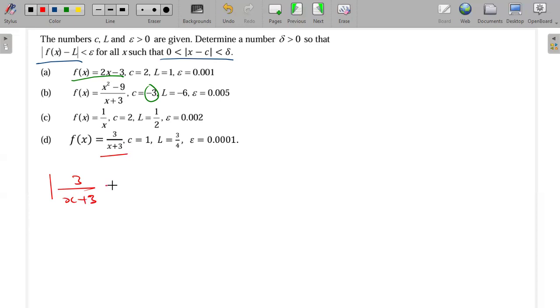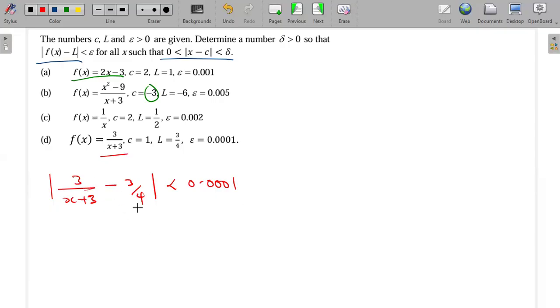And then you have minus your L, which is just 3 over 4. And then this is less than 0.0001. Actually, 3 zeros here. And then now, what are we saying here?